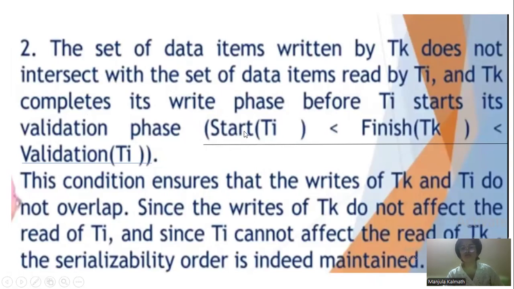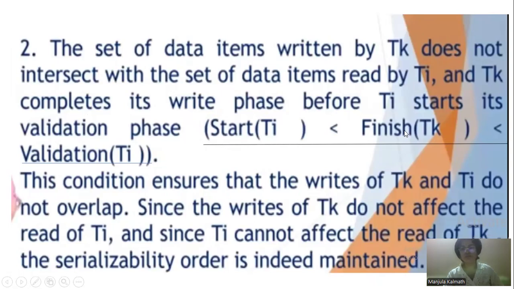Now here we have a second transaction started before completing the previous transaction. Ti is the second transaction and Tk is the first transaction. Ti is started before finishing Tk, but finish of Tk is less than the validation phase of Ti.